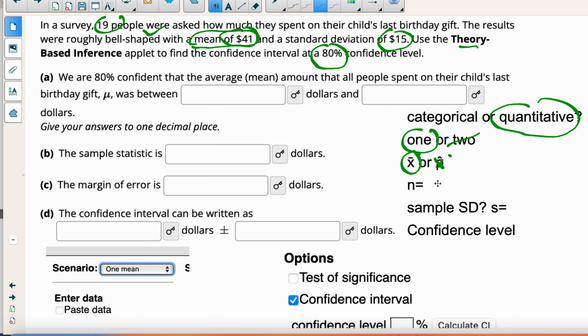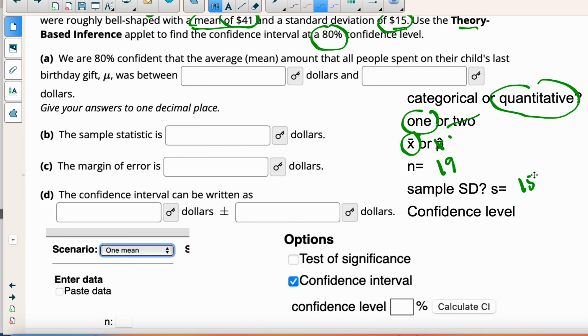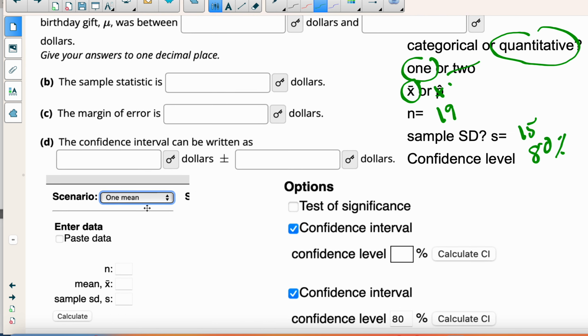My sample size is 19. My sample standard deviation is 15. And I'm using a confidence level of 80%. So on my theory-based inference applet, I'm going to pick one mean and enter my data here. N is equal to 19.